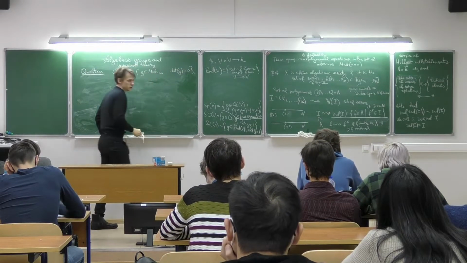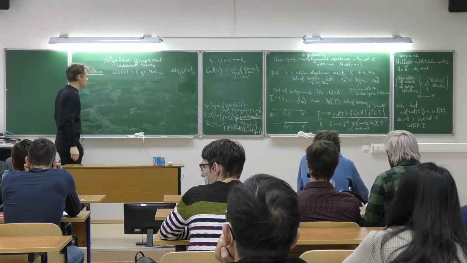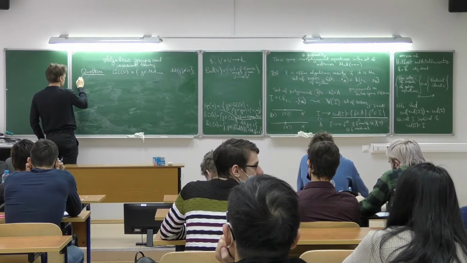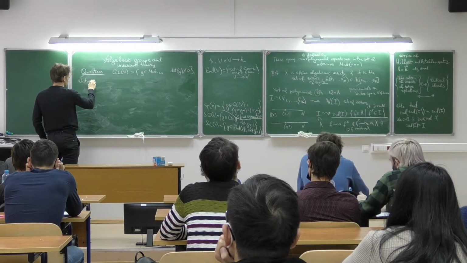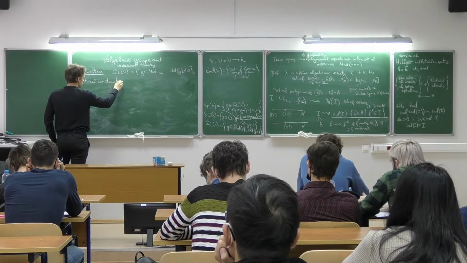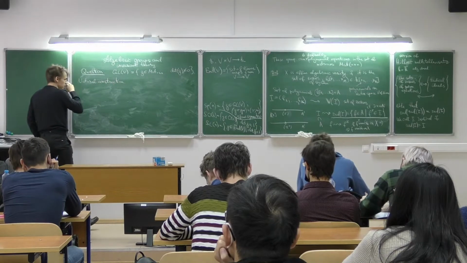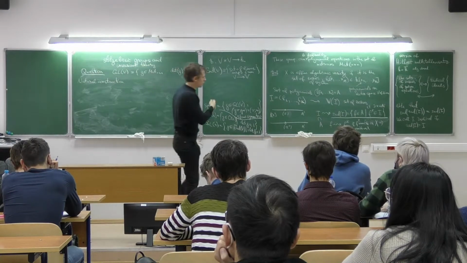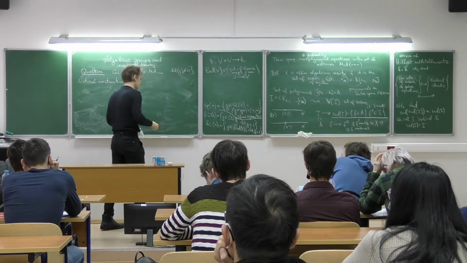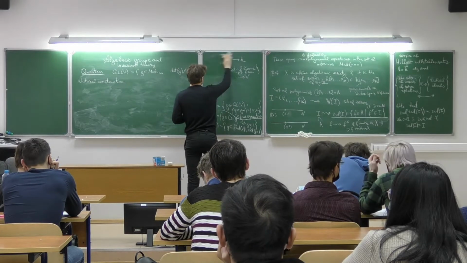But there is a natural construction that tells you the following. Before I give this construction, I should tell something about it. We should recall the notion of regular functions.